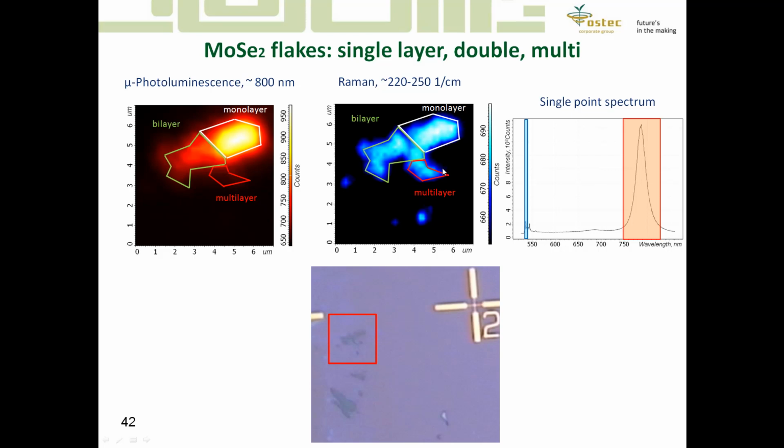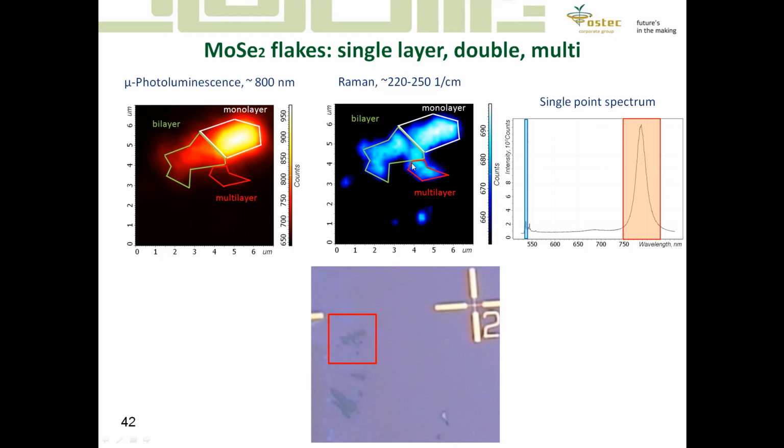photoluminescence. And when we choose a wide spectral range grating, we can collect both the Raman signal, which is far away from photoluminescence, and the photoluminescence peak, which is located at about 800 nanometers when excitation is 473 nanometers. And we can do Raman imaging and microphotoluminescence imaging simultaneously.